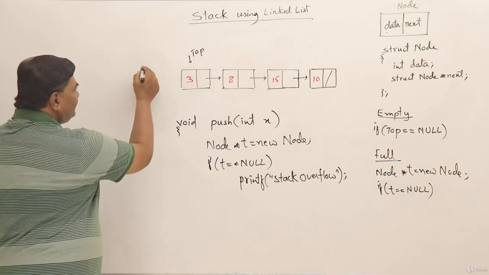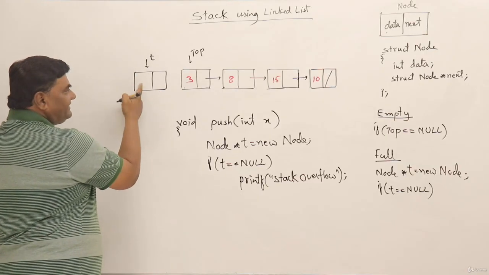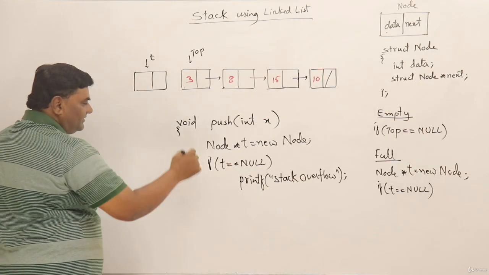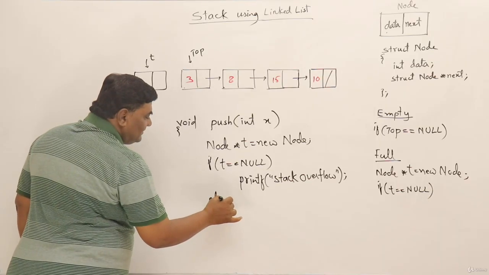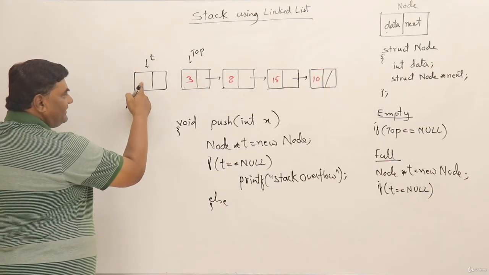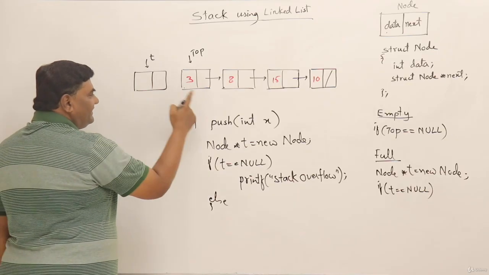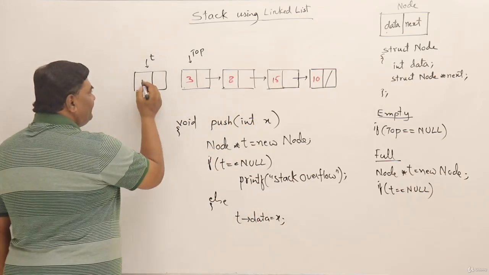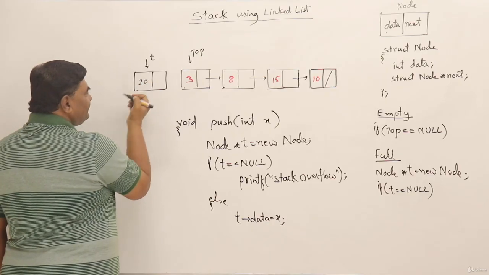Else, suppose the node is created. I will also draw it. Here the node is created. Then fill up this node, make this point on this one and move top. So inside else, I will copy the data here, the X value. T's data is X. Suppose the value is 20. I have inserted 20.